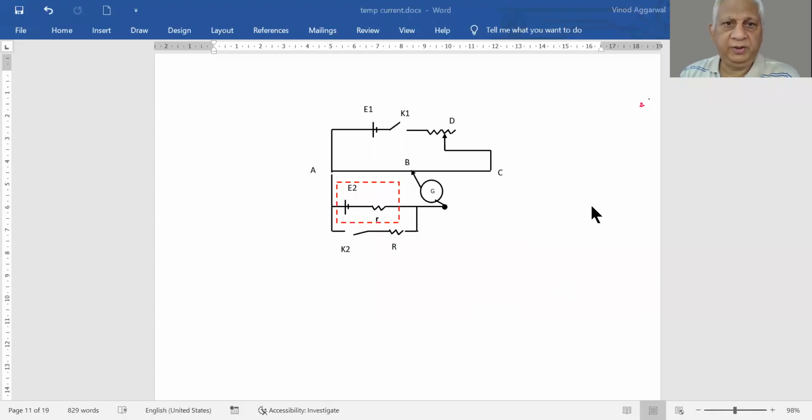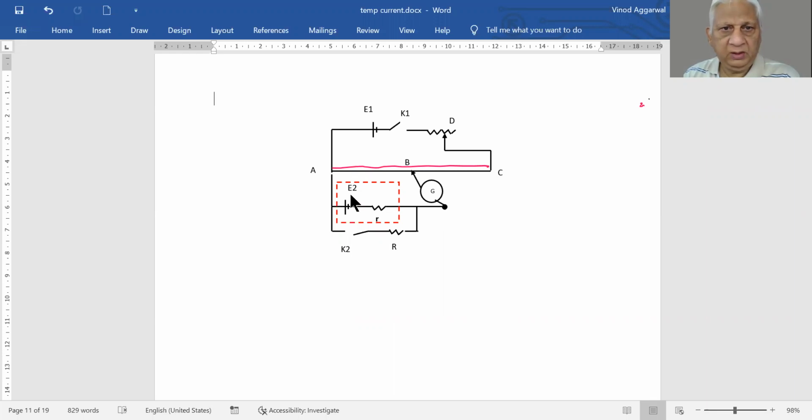Now, in this case, what we do is we have our potentiometer wire AC. This is any battery with EMF. It doesn't matter what value it is.